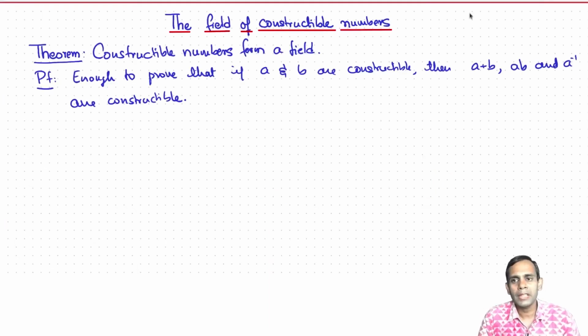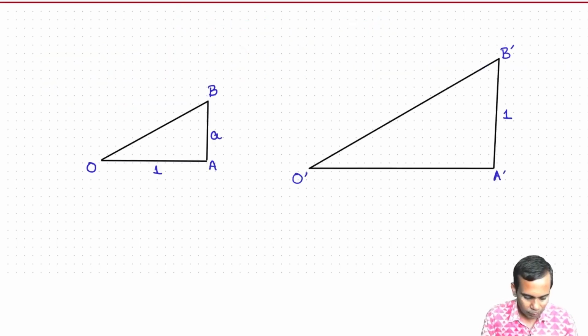So now it remains to show that if I can construct a, then I can construct a inverse. The idea here is very similar to the construction of ab. It's a slight variant, again using similar right triangles. I'll just show you the general idea and leave you to fill in the details. You start off with a triangle OAB where the vertical edge is of length a. And then you construct a triangle that is similar to it.